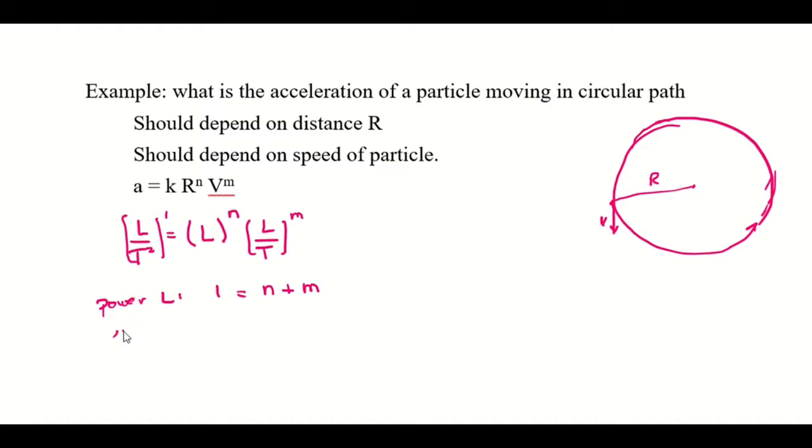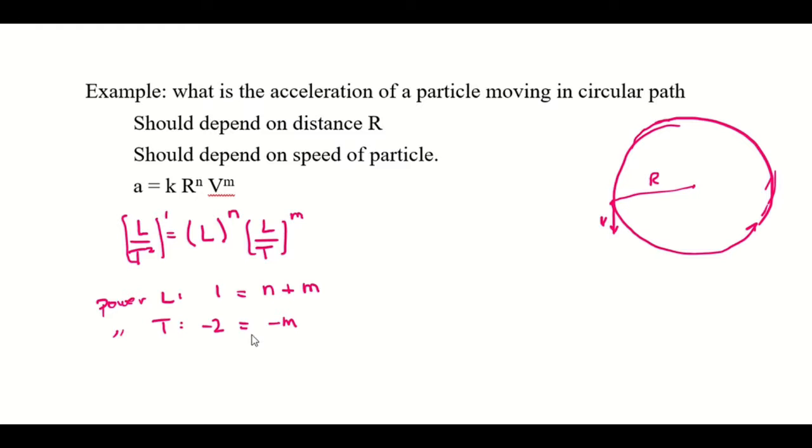Now we equate the power of T. It's T squared in the denominator, so 1 over T squared, and the power is minus 2. On the right hand side, we don't have any n. We have T in the denominator, so it's minus m.